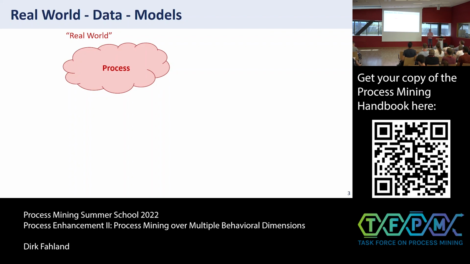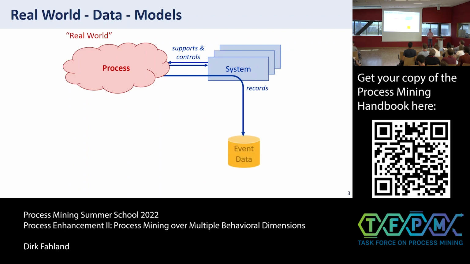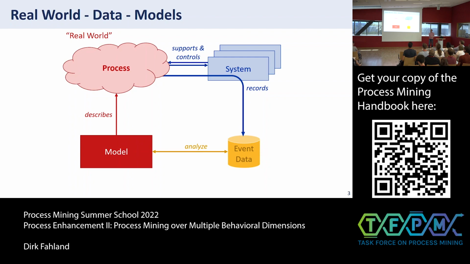and you know, when we do process mining, our aim is to study these real world processes, which is a fuzzy concept in reality. And we have systems that are supporting or controlling these processes, and we use them to record event data, right? The event logs that you've got to know yesterday, and you've learned algorithms to analyze these event logs.